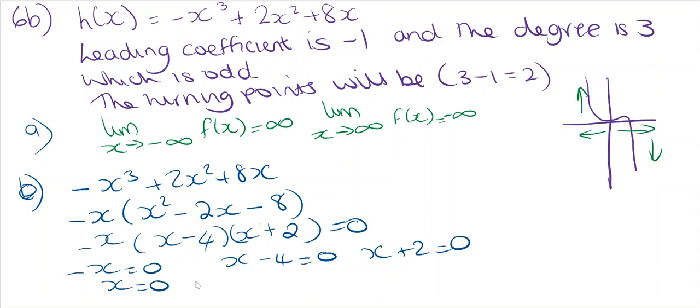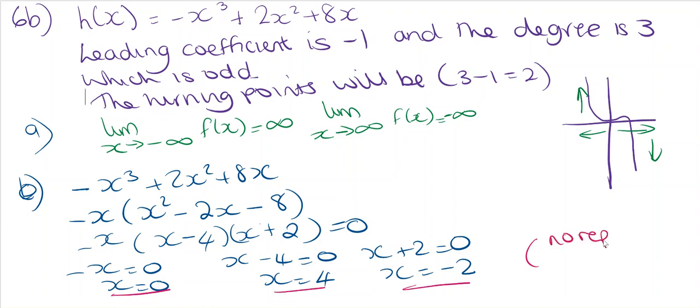So x is 0, x is 4, and x is minus 2. So we have 3 roots and no repeated roots. So no multiplicity.